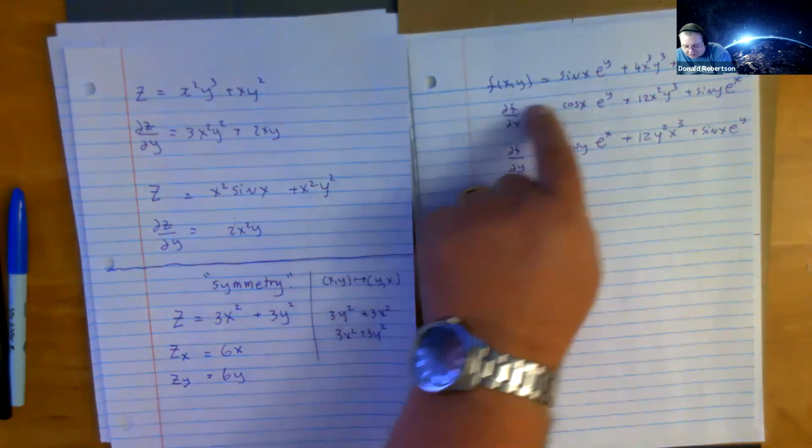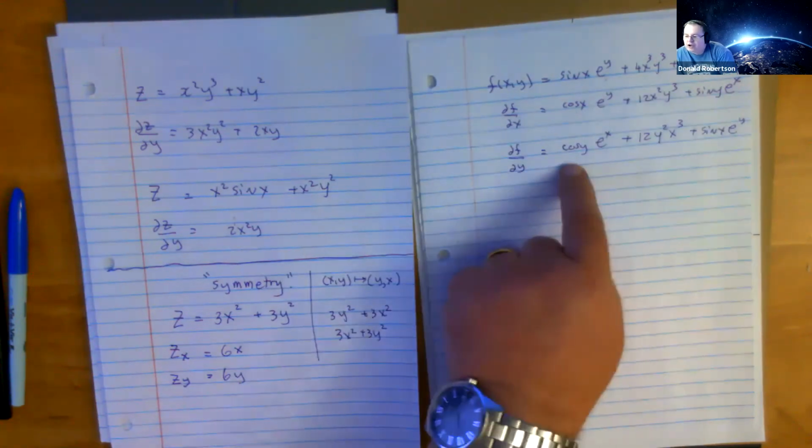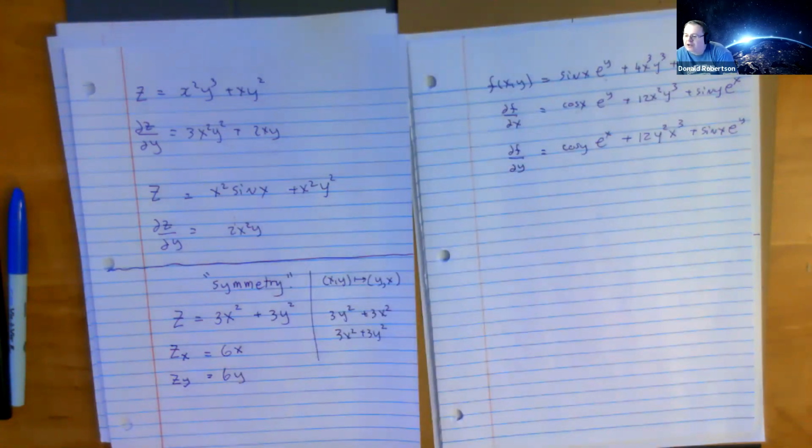Couldn't you use this answer to generate the second answer without having to do it all from scratch again? Now, not every function is symmetric, but for the few that are, it's worth it, isn't it? You know, less work to do, saves you some time. Pretty easy thing to remember, right? Switch the x's and y's and call it good.